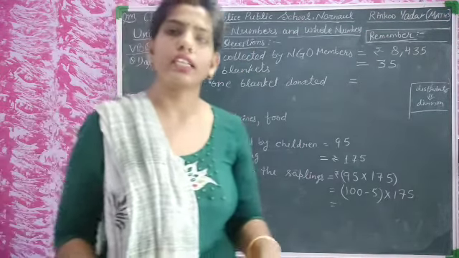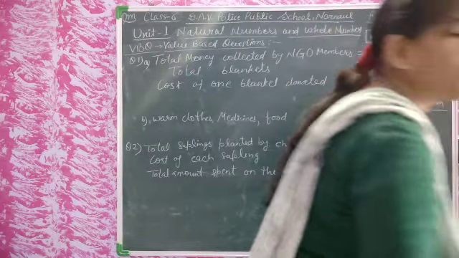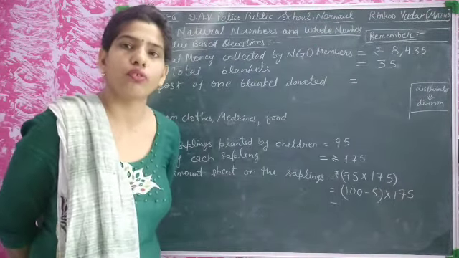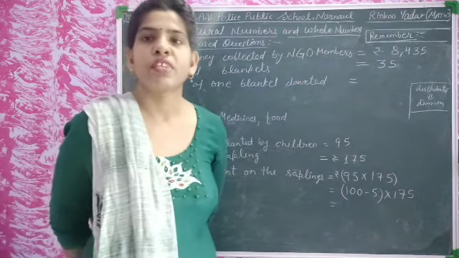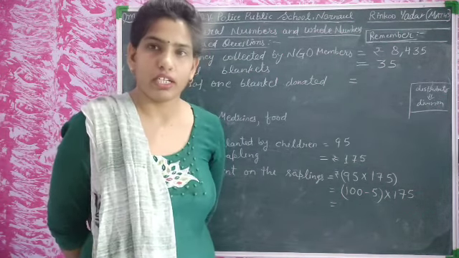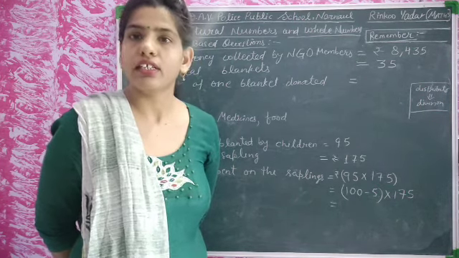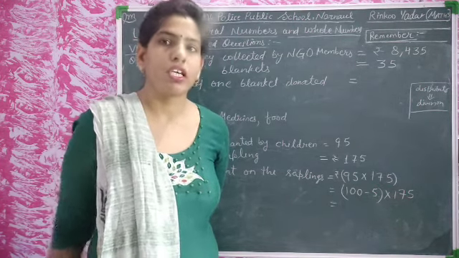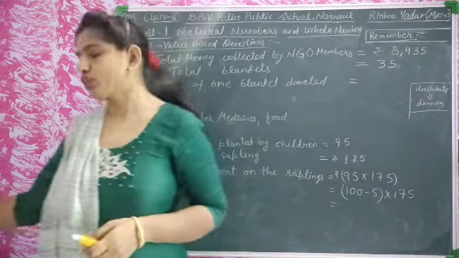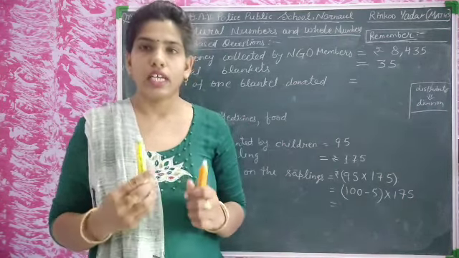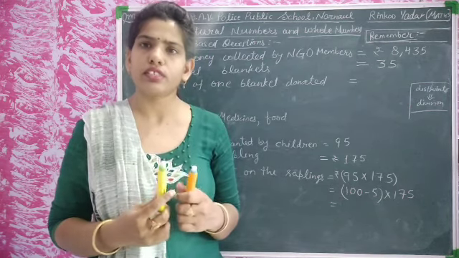Now students, the question is the cost of one blanket. What is the cost of one blanket? The total money collected by the NGO members and the total number of blankets are given. Suppose that you have 2 pens and their total cost is 12 rupees.